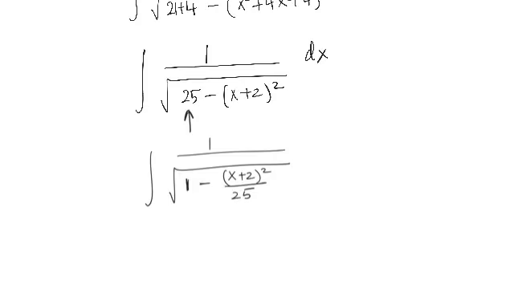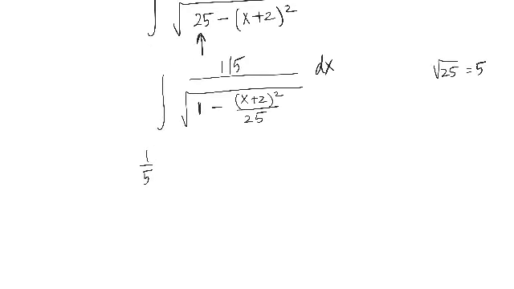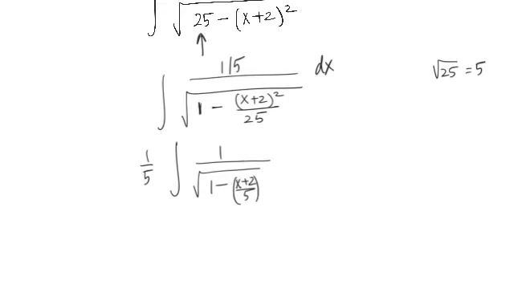Since I was inside the square root on the bottom, on the top I have to divide by the square root of 25, which is 5. So I now have 1/5, and that can come out, integral of 1 over square root of 1 minus x plus 2 over 5, bring that 25 into the square root, write it as 5 squared dx.